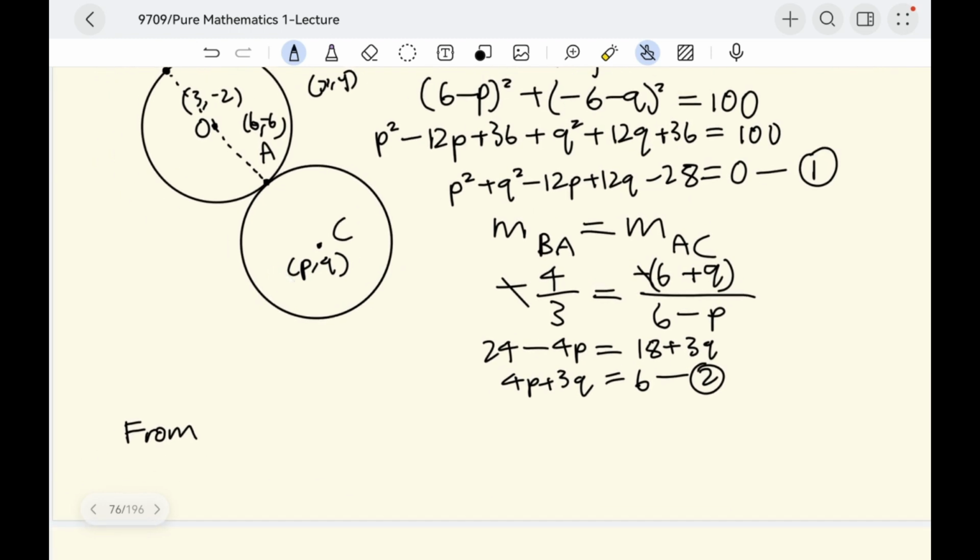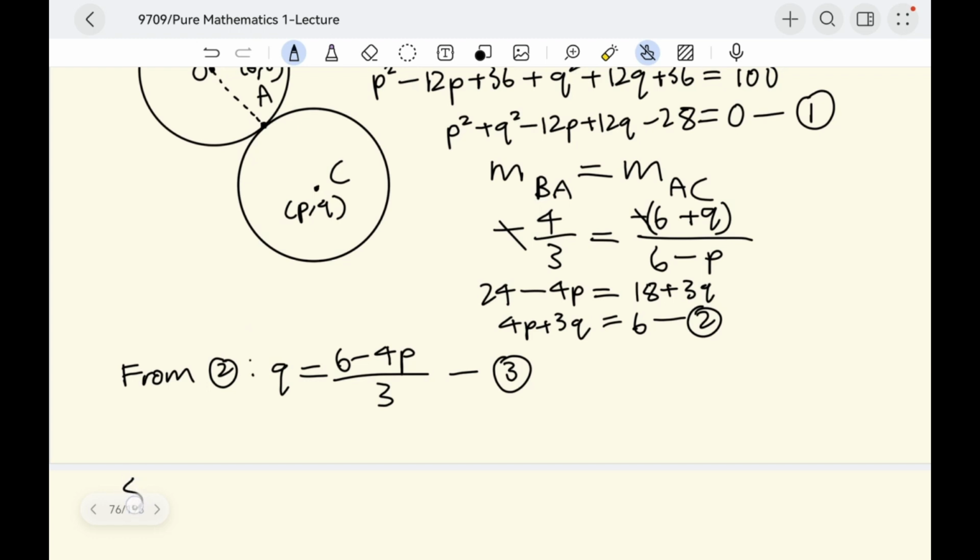So how to get rid of one of the variables? So from equation 2, let's say I want to make q the subject. Okay. It is optional, you can follow your own method to solve the two simultaneous equations. So I let q equal (6 minus 4p) over 3 as my equation 3.